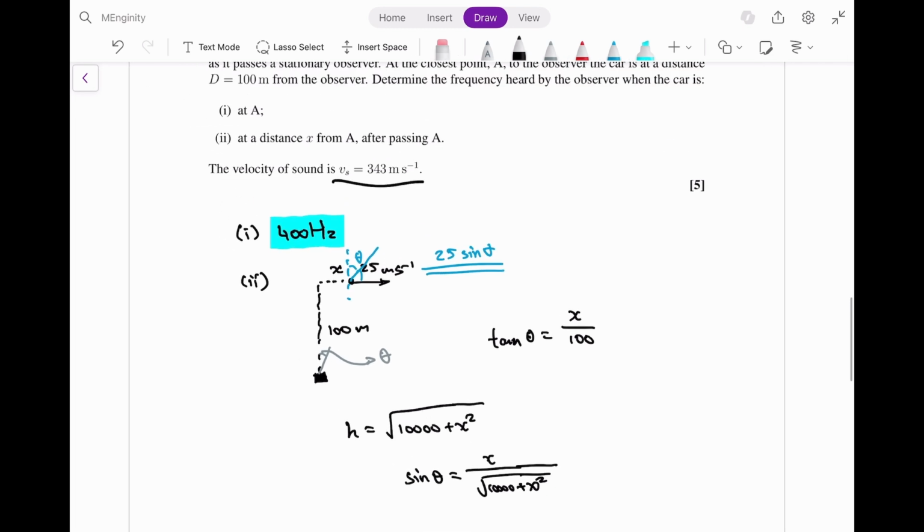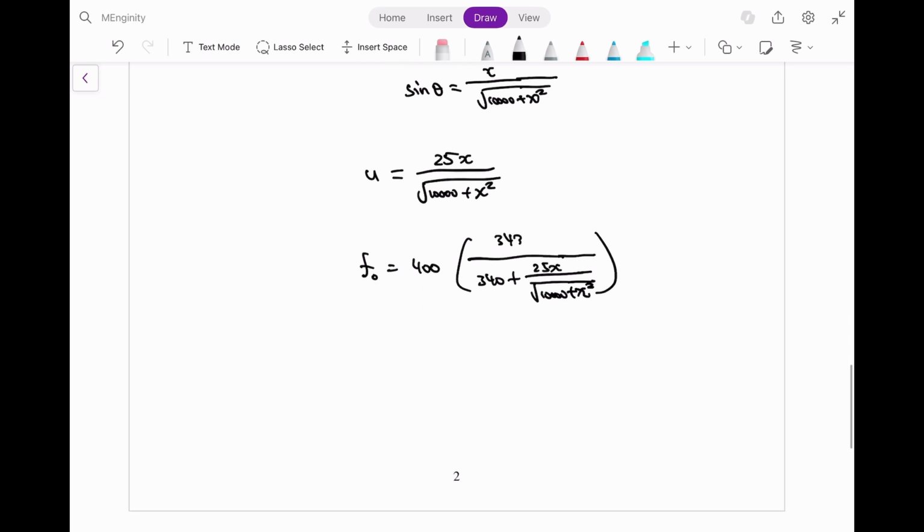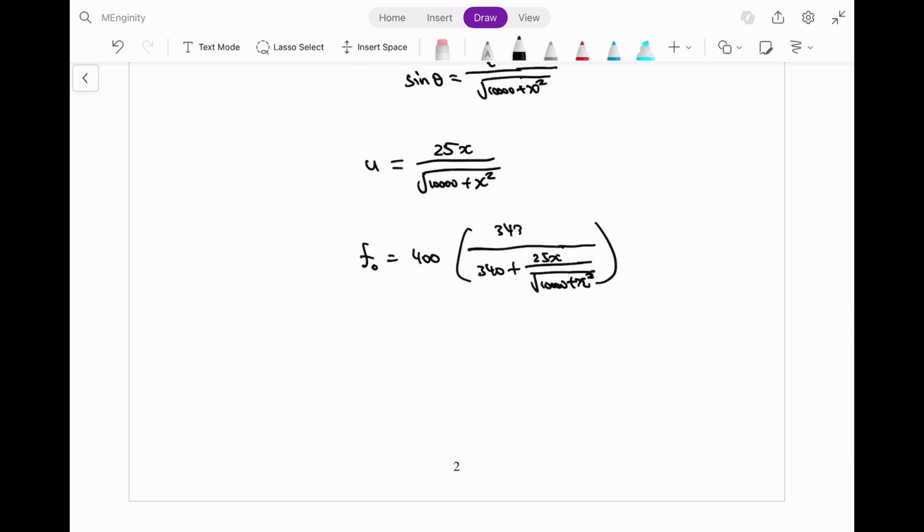Yes, 343, and then over 343, because moving away, so therefore it's plus 25x over the hypotenuse. And then I don't think I actually need to simplify this. Yeah, and then this will be the answer to the question.